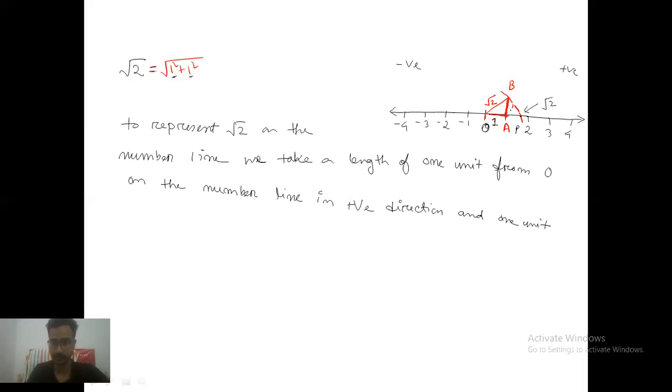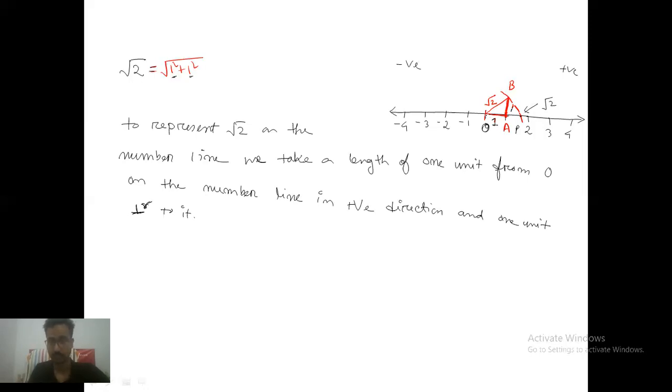Yes or no? 1 unit perpendicular to it. Okay. Perpendicular to it.